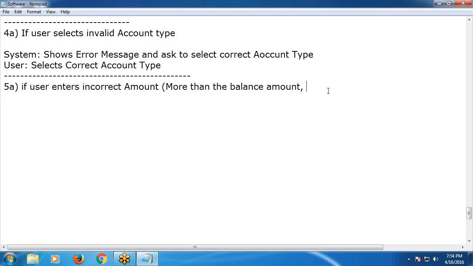The day limit is 50,000, it provides a suggestion also. Then you can enter correct amount. More than the balance amount or more than the day limit.